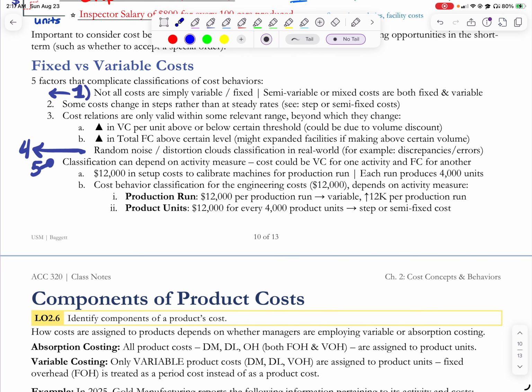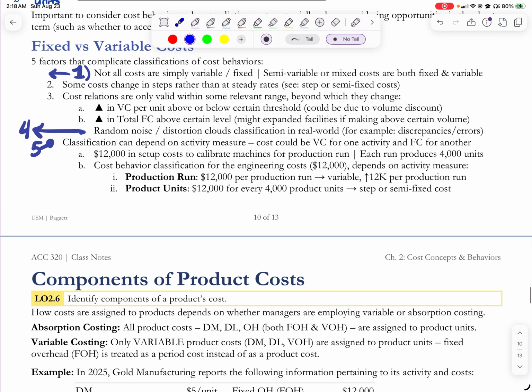And then when it's aggregated, it all just gets buried deep in the data, where there can be some error or noise. It's not always super clear cut across the board.